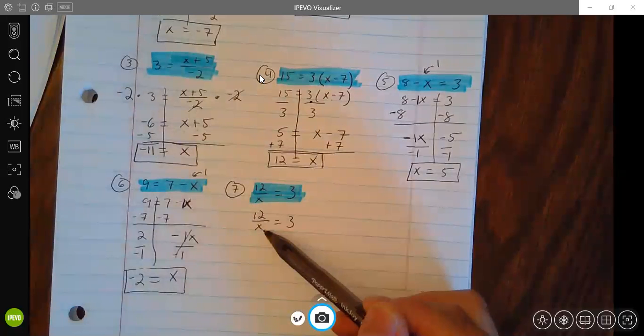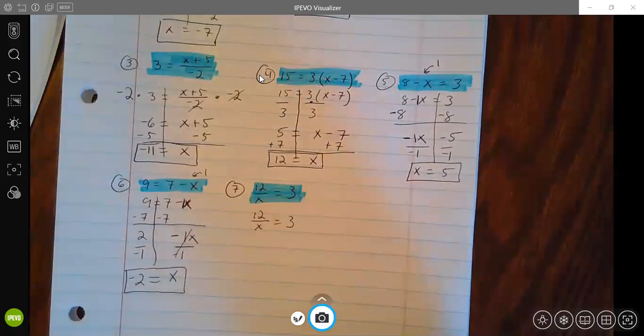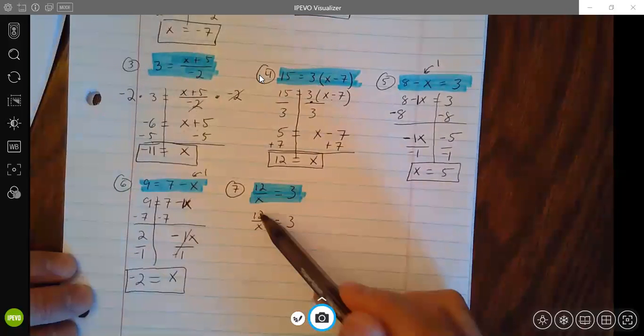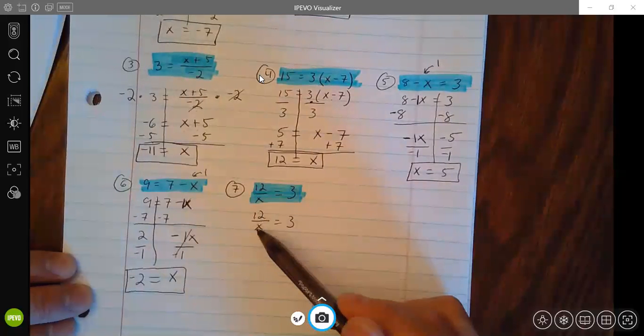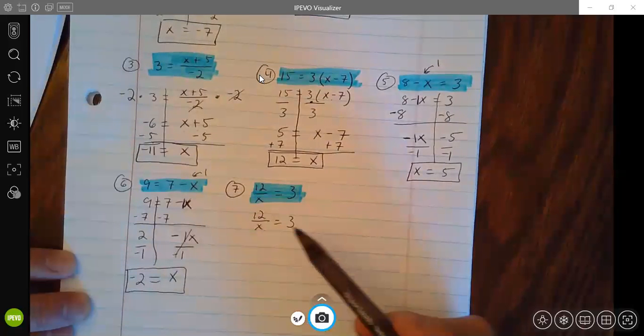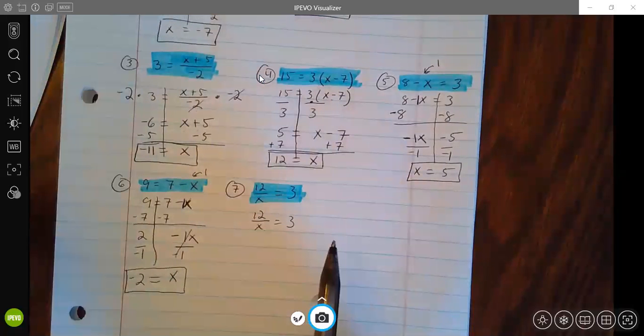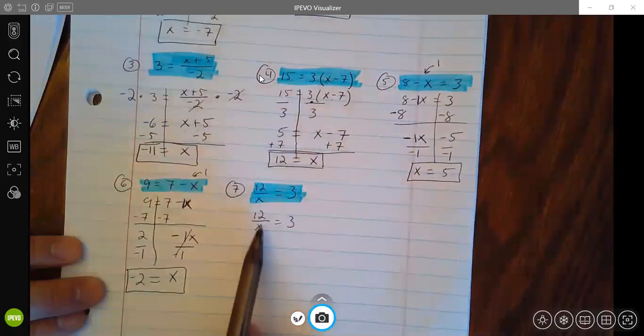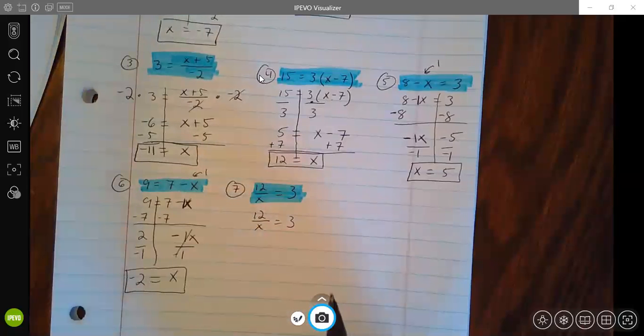One quick way to think about this is 12 divided by what equals 3? If you think to yourself and come up with 4, you'd be correct, right? All you have to do is that one step, 12 divided by 4 has to be 3, so x has to be 4.